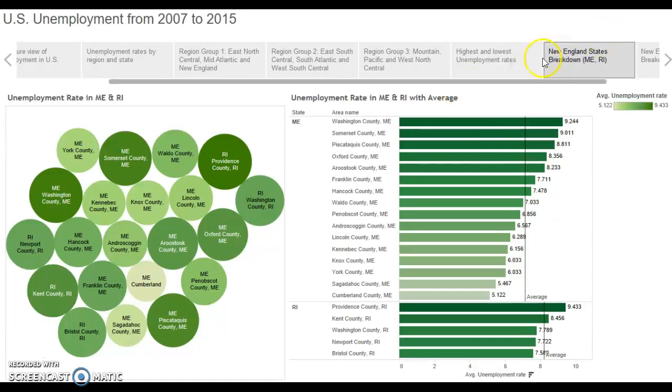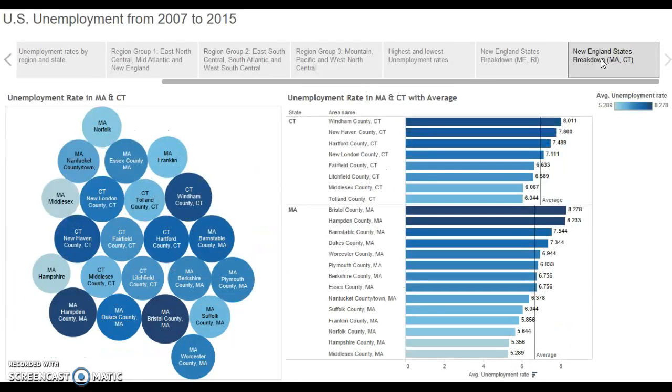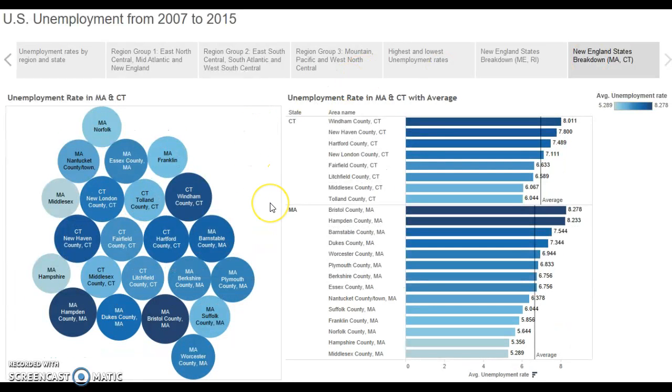And taking a look at a couple other New England states of interest, Massachusetts and Connecticut specifically, you could see that the unemployment rates in Massachusetts in Middlesex County, where Boston Metro and north to northwest of the city, you see pretty low unemployment rates here.